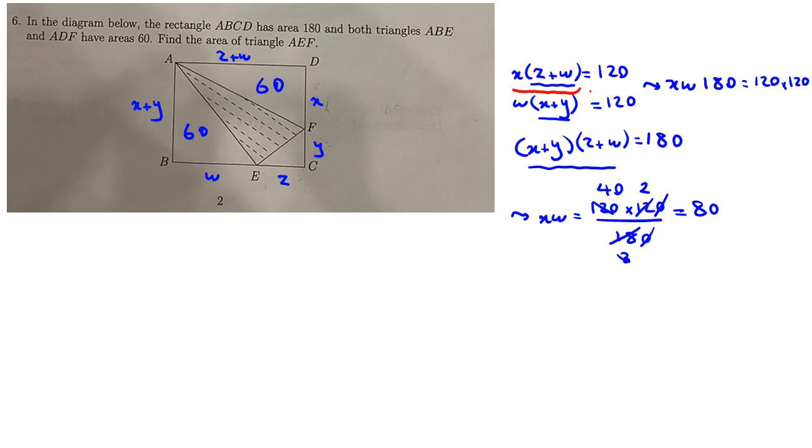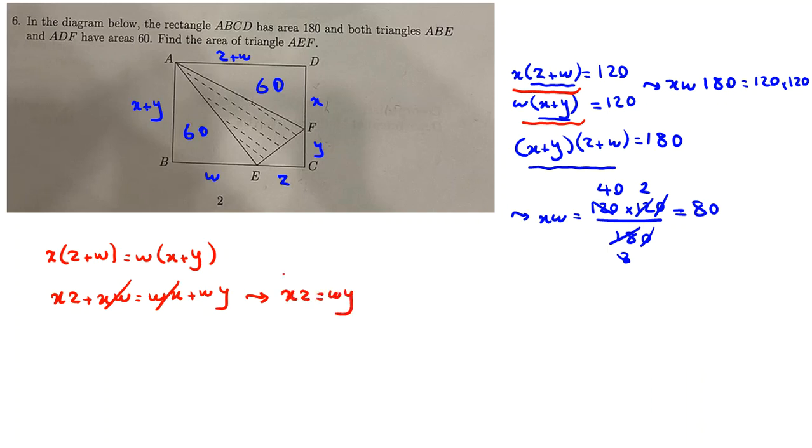We know this is 120, it is 120, so they are equal. So I can write x times (z plus w) equals w times (x plus y). So xz plus xw equals wx plus wy. XW we can cancel, and we conclude here xz equals yw.